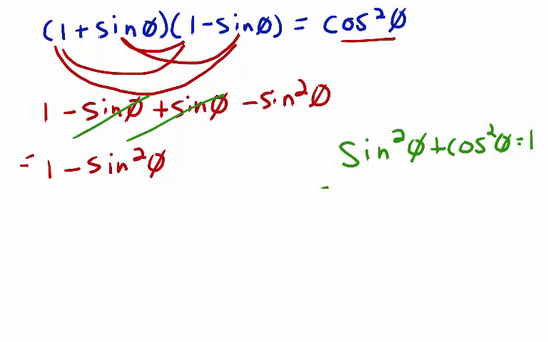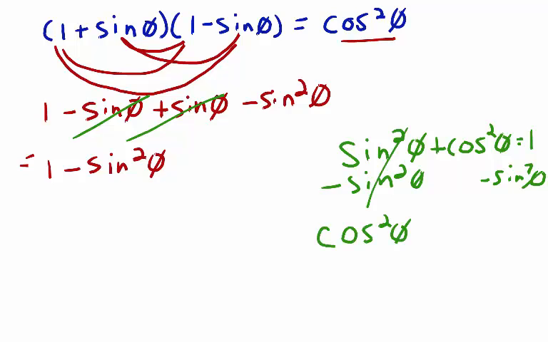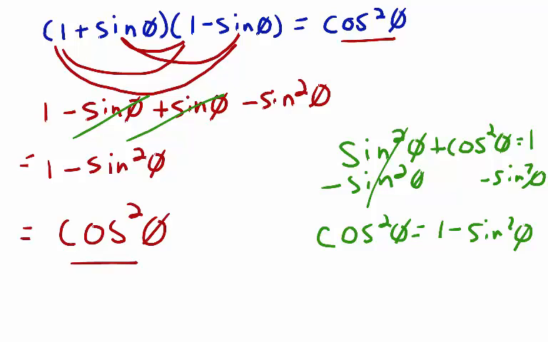We can rewrite it by subtracting sine squared theta from both sides, which gives us cosine squared theta equals 1 minus sine squared theta. And we've established our identity, because we know that 1 minus sine squared of theta is equal to cosine squared theta.